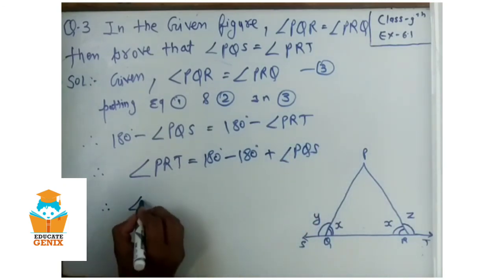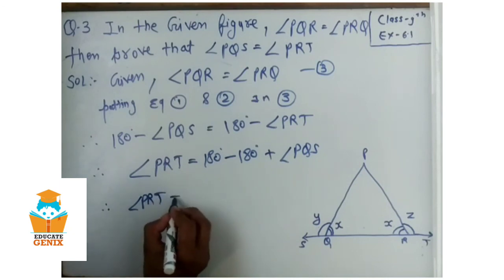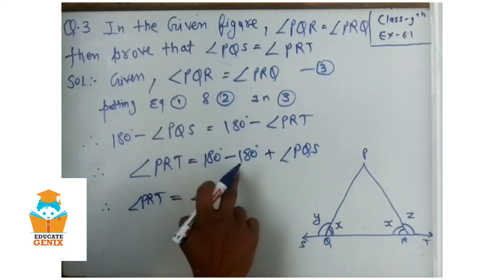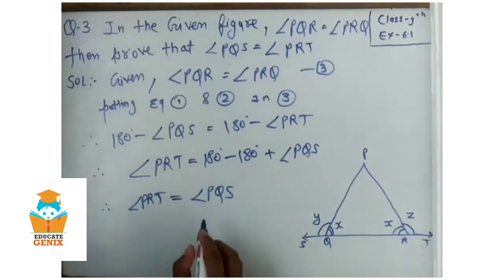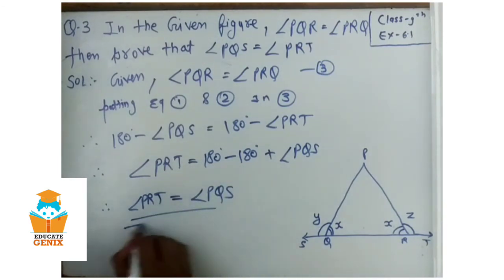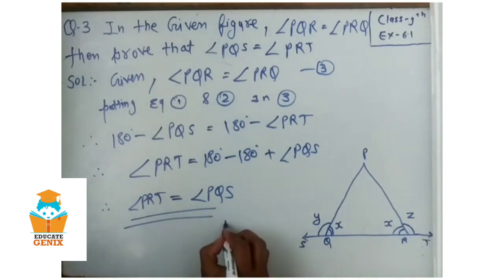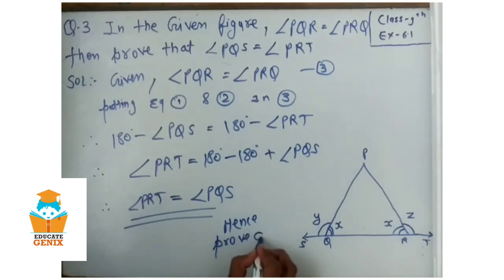Therefore, angle PRT equals angle PQS. 180 degrees minus 180 degrees cancels out, hence this is proved. Angle PRT equals angle PQS. Hence proved. I hope you got this.